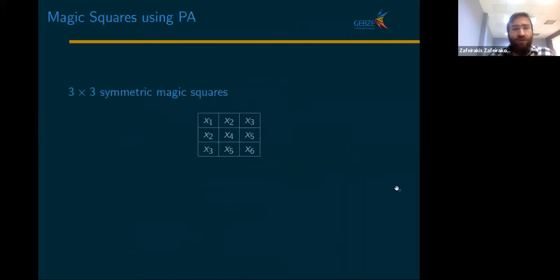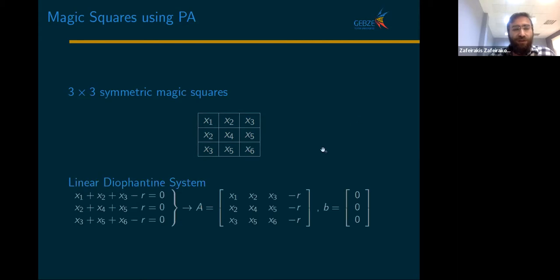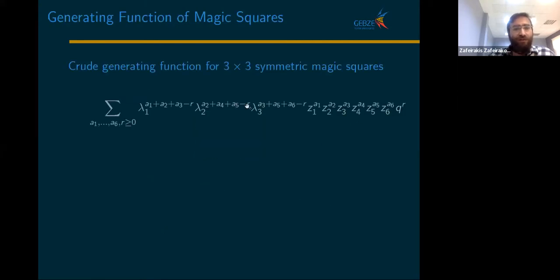So if we go back to the symmetric magic squares example, this was our system, which means that this is our multisum expression. I put the constraints as exponents in the new lambda variables. I want to keep track of what is happening for the variables, and I also want to know for which magic number R this is a solution.